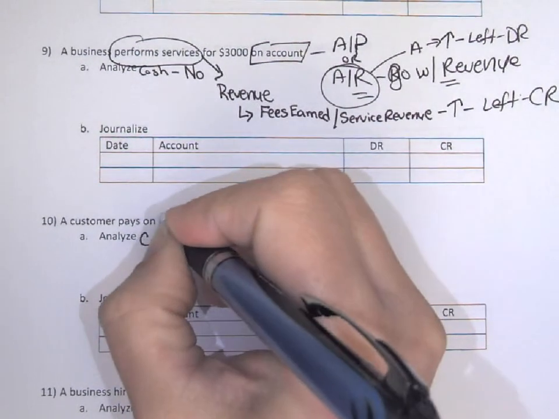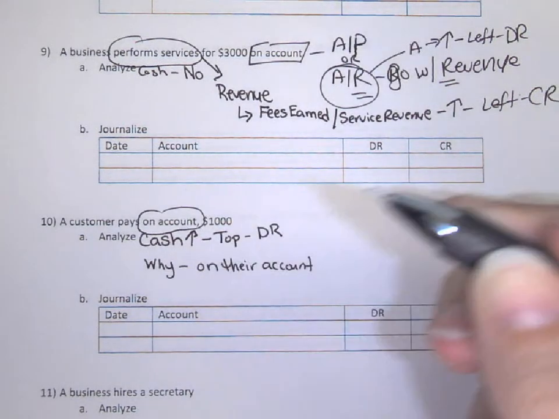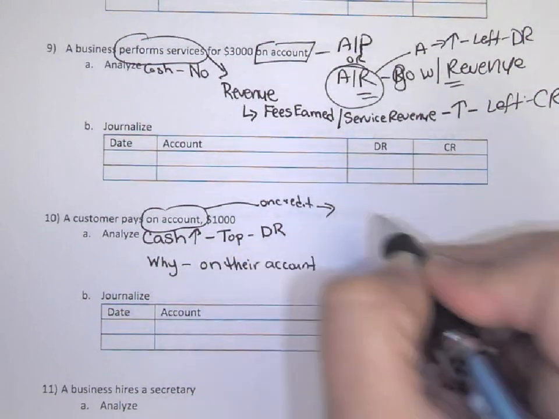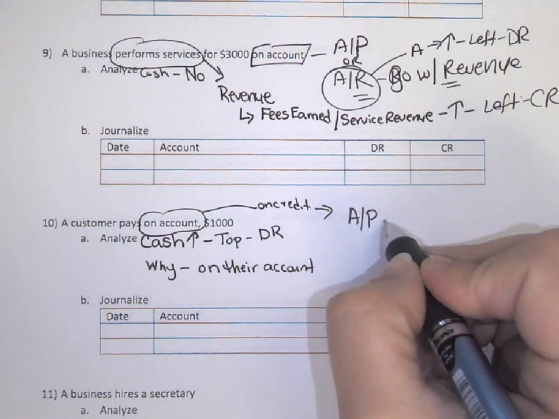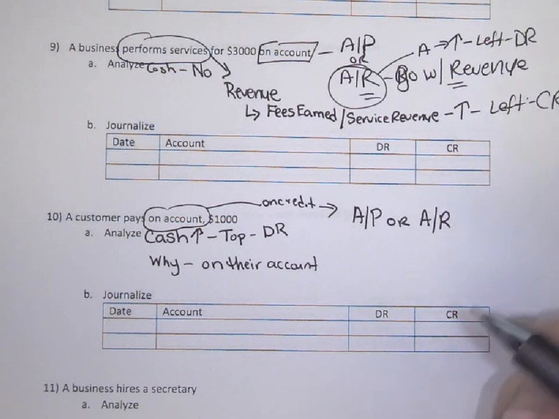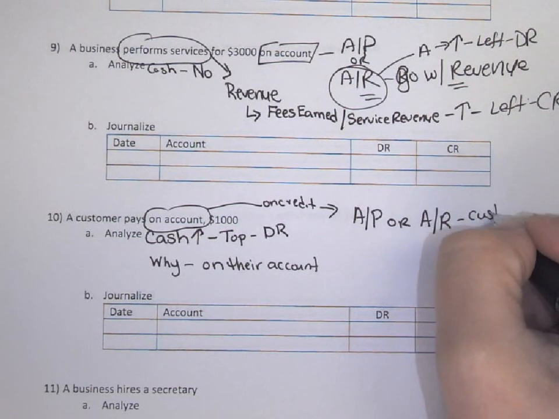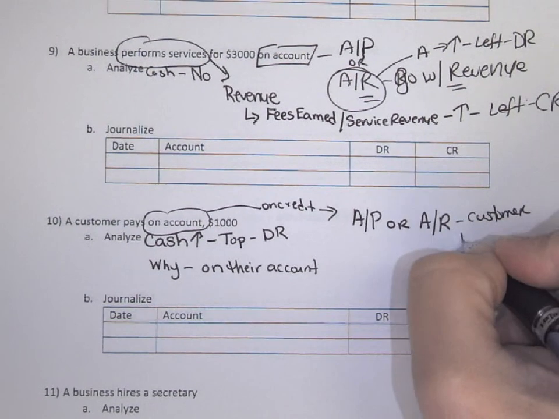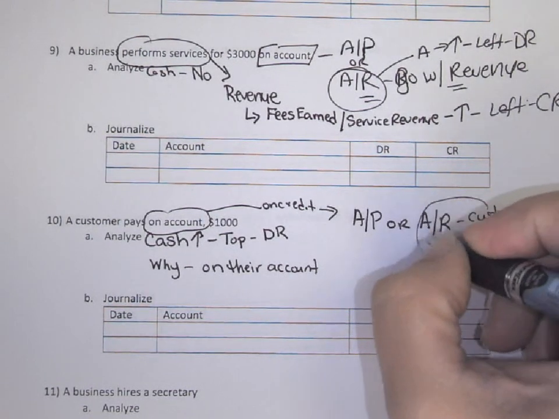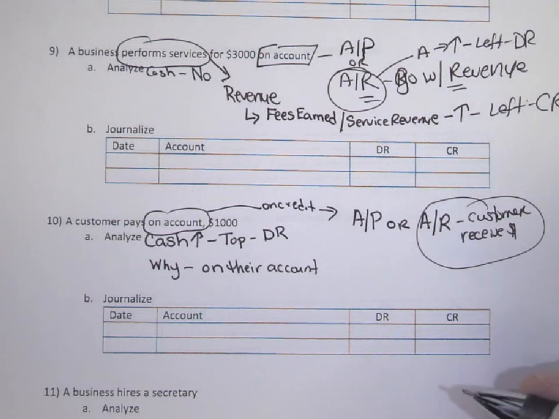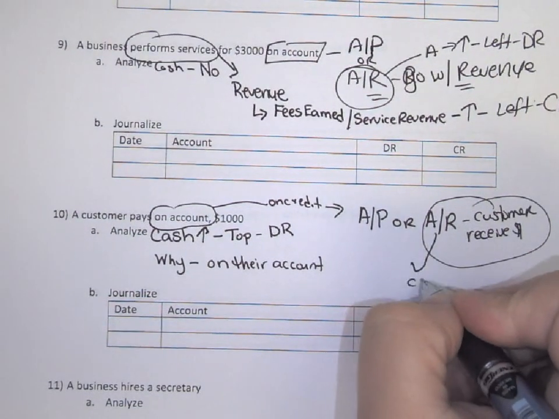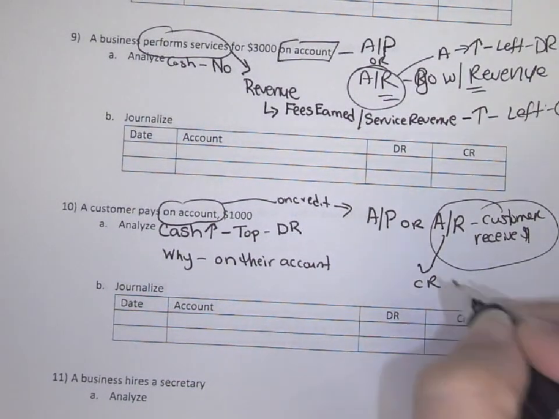Now remember, I said if you ever saw on account or even the words on credit, that automatically means either accounts payable or accounts receivable. If we're dealing with customers, if we're dealing with receiving money, it's going to be accounts receivable. So if cash is our debit, accounts receivable is going to be the credit.